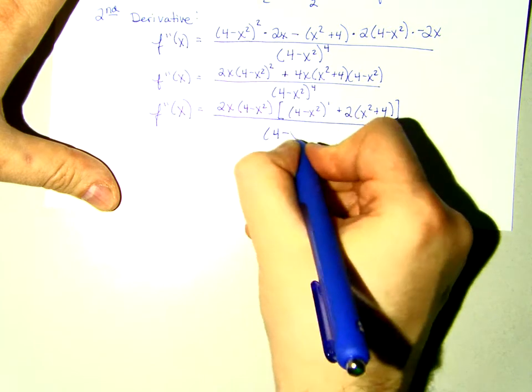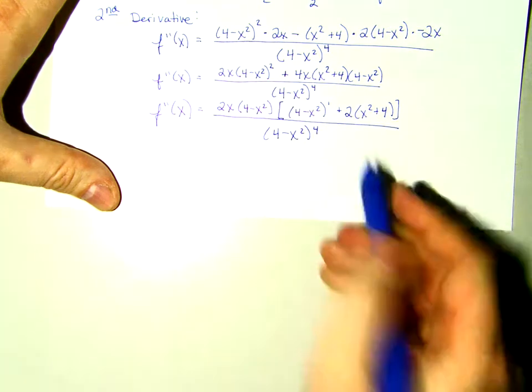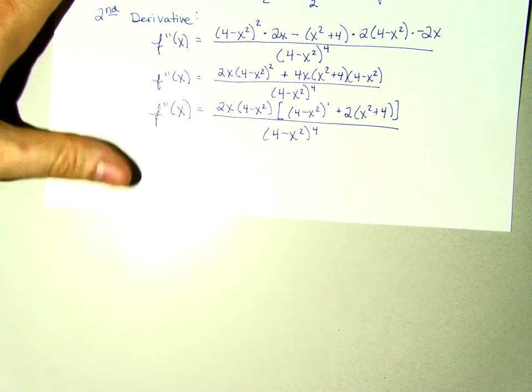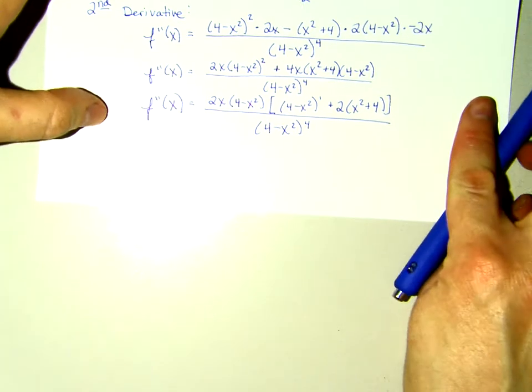I would like you to continue simplifying this. Basically, just deal with what's inside those brackets. Distribute and combine like terms. I see a little bit of canceling you can do.